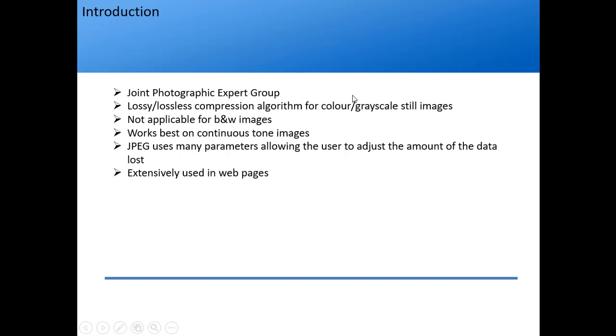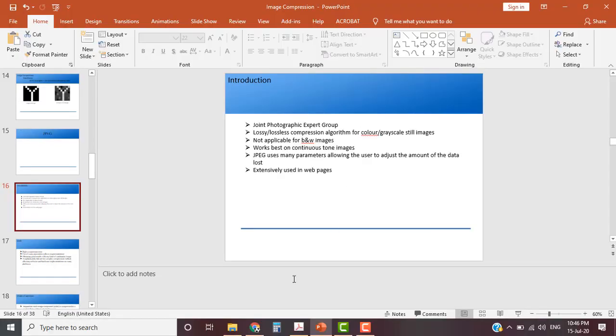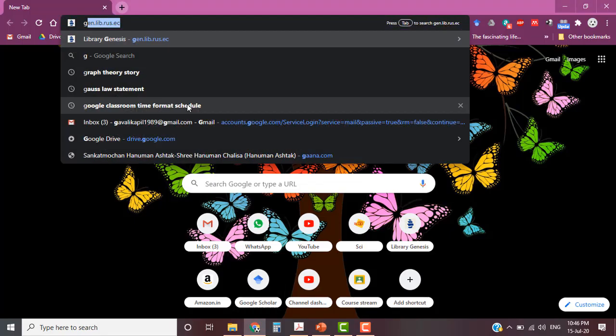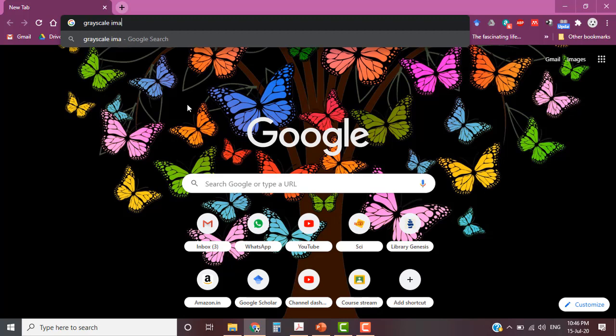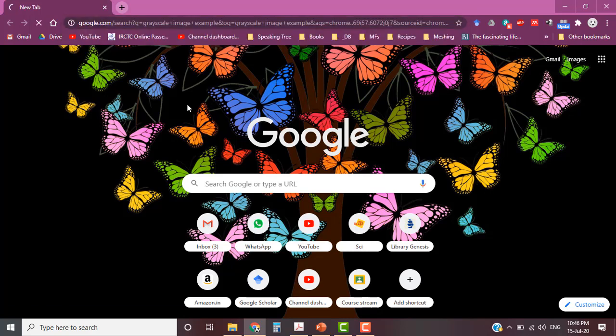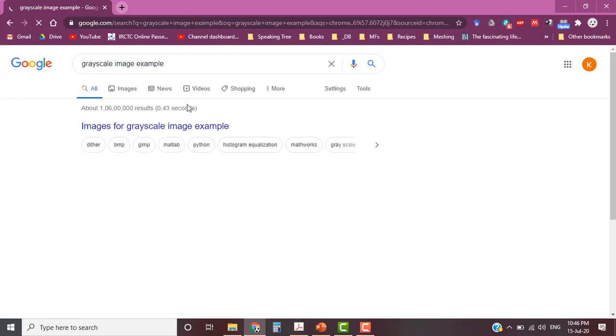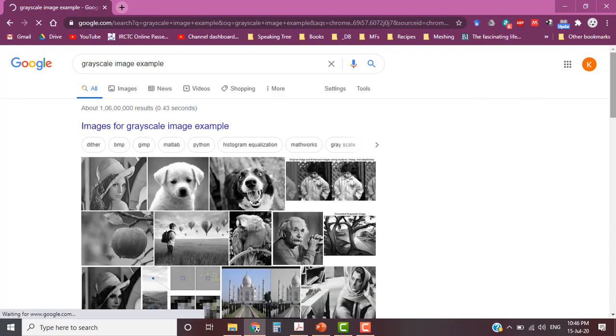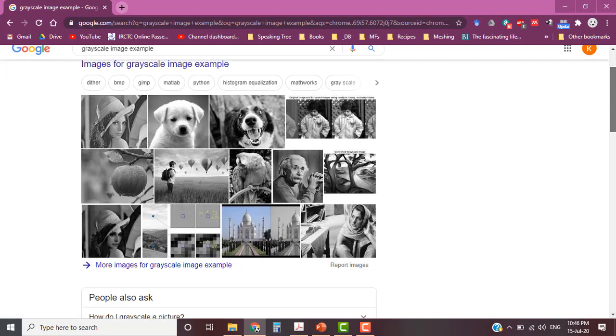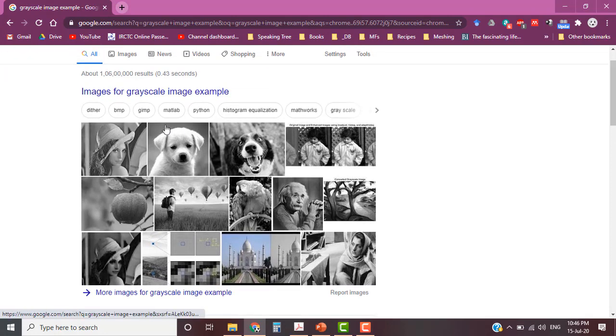You can just search in Google for a grayscale image. Let's do that. Let's see a grayscale image example. These are all grayscale images, right? You are not seeing just black and white.